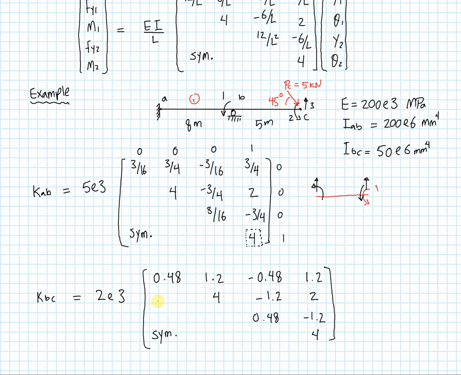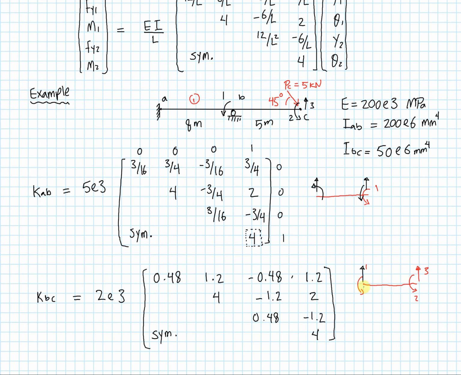As for the second element, we have to do the same thing, again identifying what the relevant degrees of freedom are and which of the global ones overlap with the local ones. So I have my beam, I draw my global DOFs, and again I want to identify which of my local ones are overlapping with the global ones.